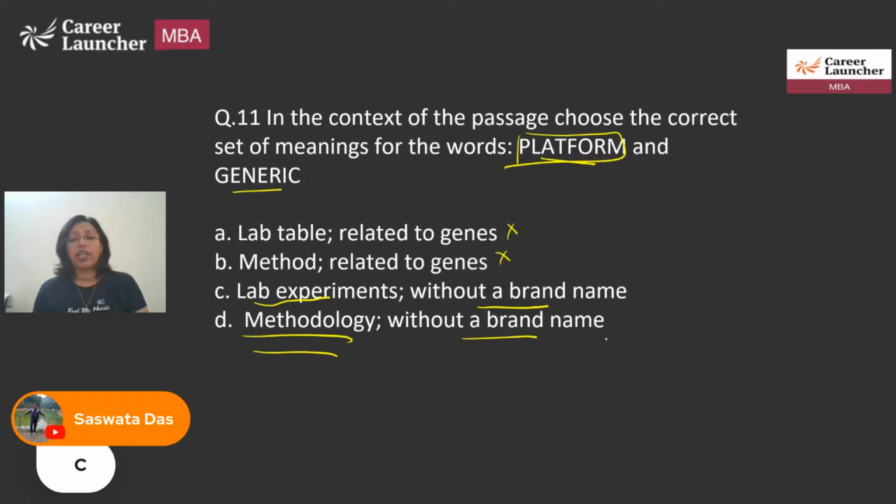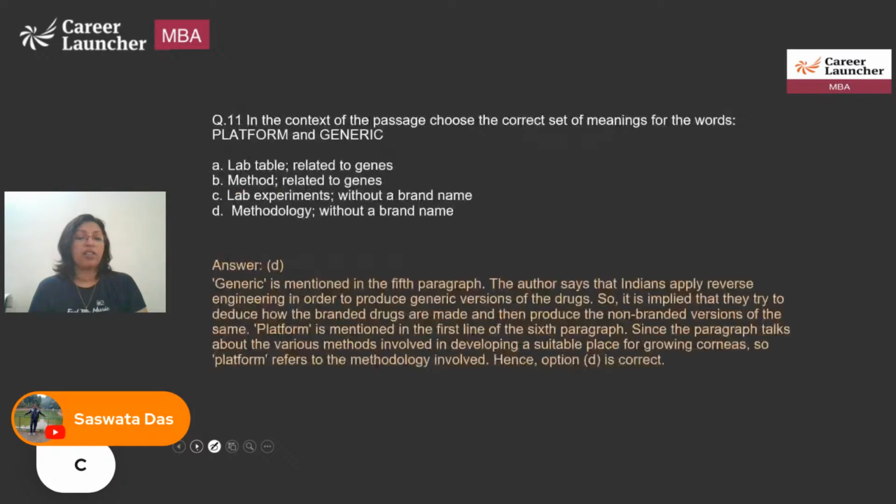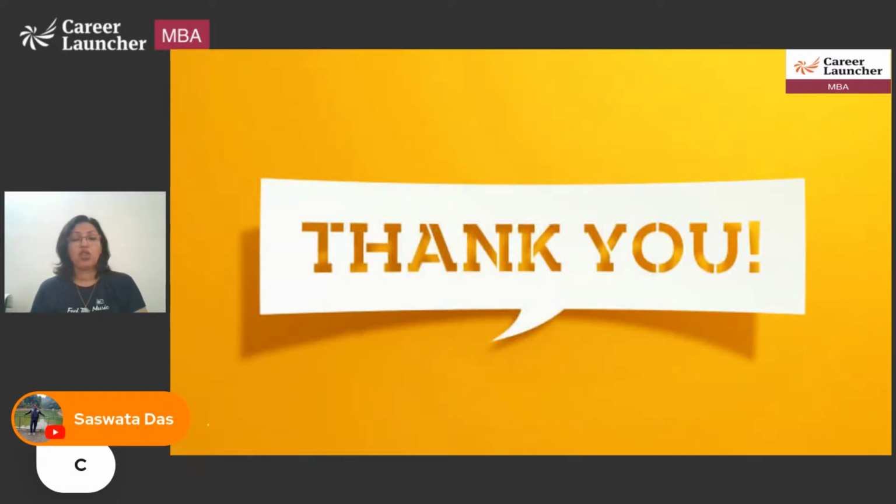So therefore, correct answer was D here and not C. So platform would be the way the methodology is involved or how the passage was made. So the correct answer is option number D.